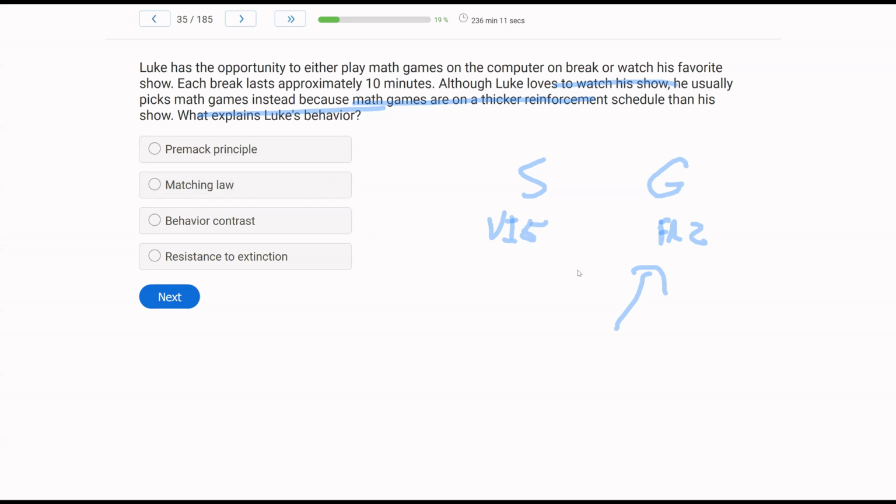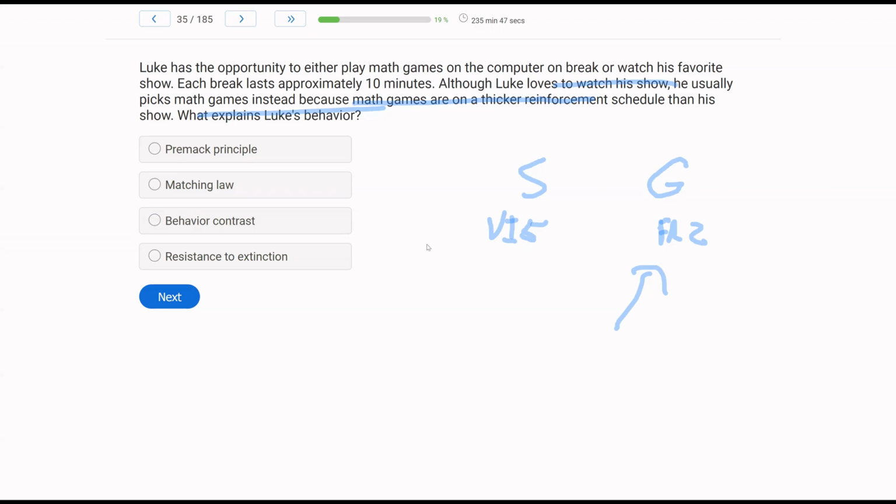Matching law says behavior is going to go where reinforcement is, and behavior is going to take place more if more reinforcement is readily available. So if reinforcement is more readily available for the games, it's much more likely Luke is going to go choose the games because of that reason, because of matching law.